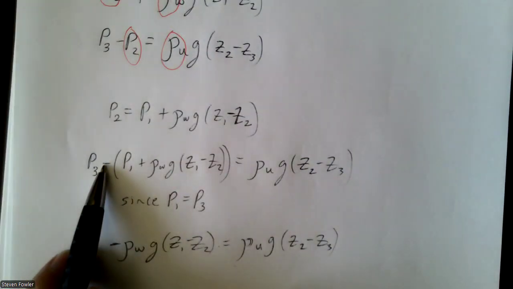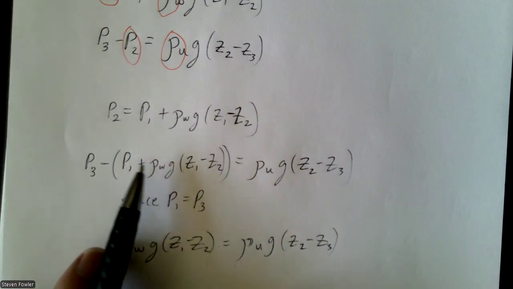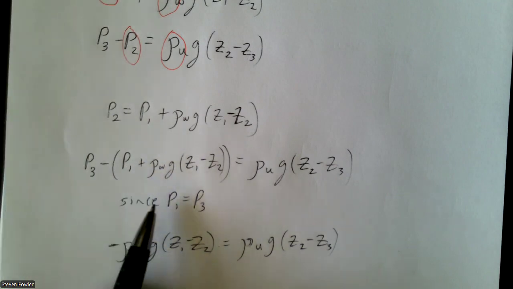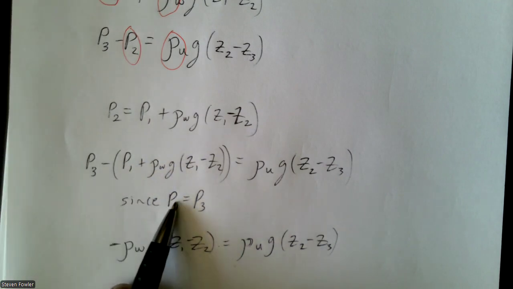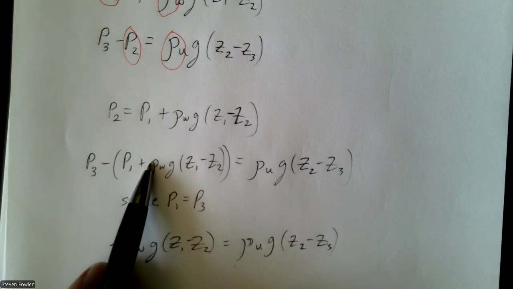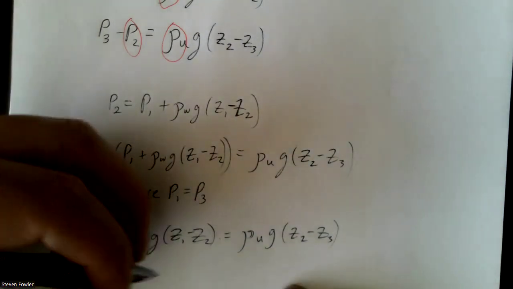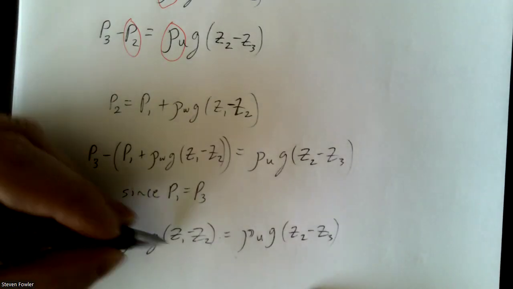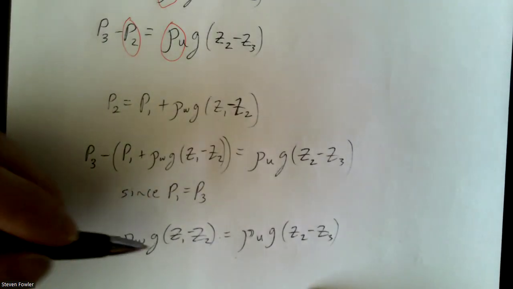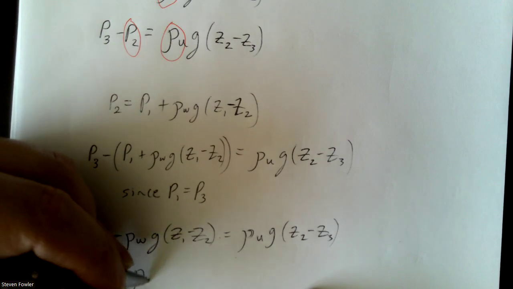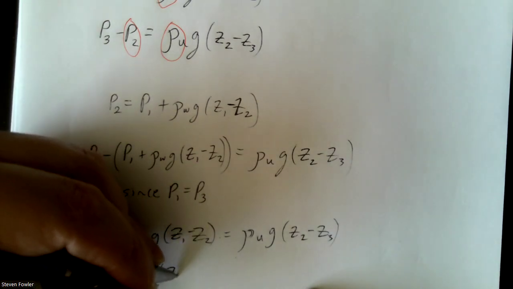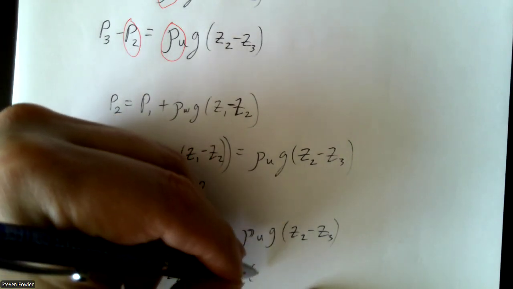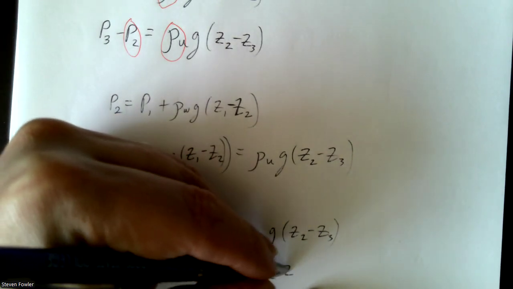Again, I've got this negative sign here, and it needs to be applied to both of these. P3 minus P1, since they're equal, those go away. That's just zero, so I've got minus this guy. I'm going to distribute the negative sign in here, and get rid of the gravities because they're the same on both sides of the equation. Distributing the negative sign into Z1 minus Z2, it becomes the density of water times Z2 minus Z1 is equal to the density unknown times Z2 minus Z3.